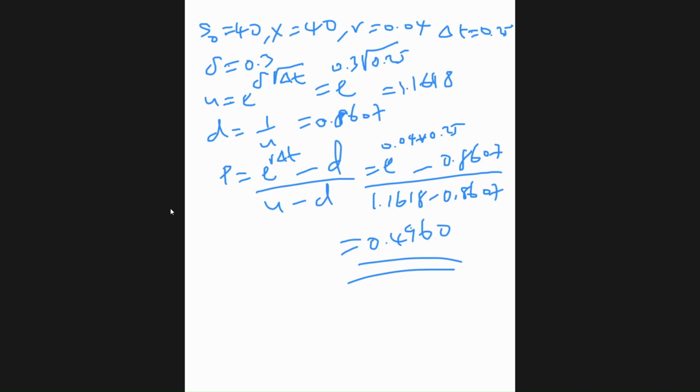Let me just save this. It's good to draw it on a tree. The current price is 40. The price could go up or down. And we said U is what?